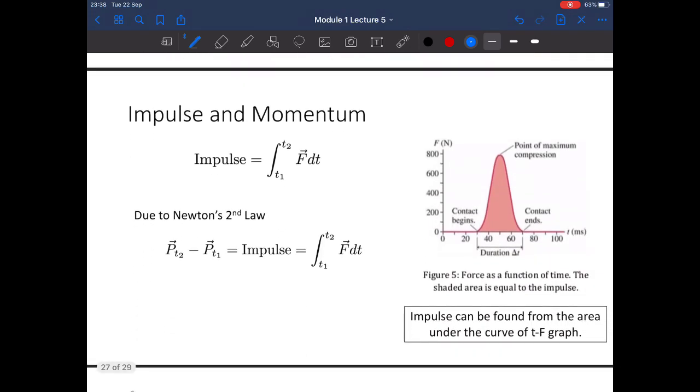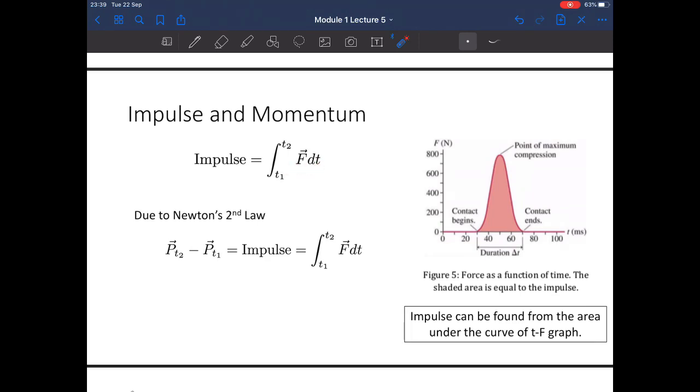now before we end our lecture this time, we would like to talk about impulse and momentum. So what is impulse and what is momentum? Impulse is defined as the integral of the force F with the time dt from time t equals t1 to time t equals t2.